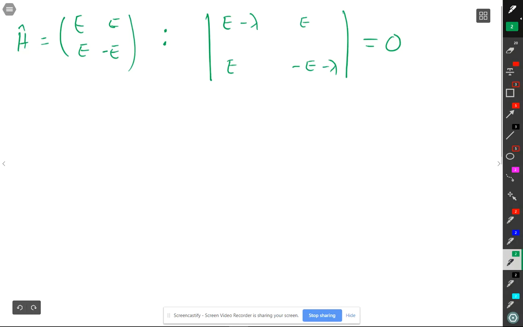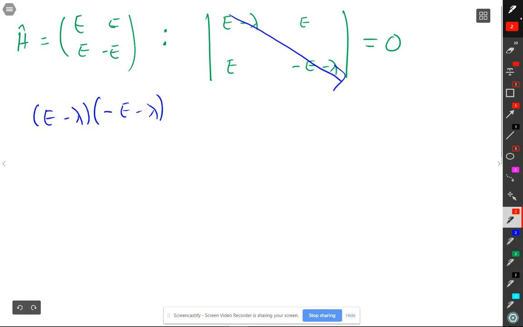Okay, so now, how do we do the determinant for this? This is the easy case. Okay, we do the cross. So we're going to have E minus lambda times minus E minus lambda, and then minus the other direction. And let me color code this. I know you guys probably both know this, but it's always best to be clear.